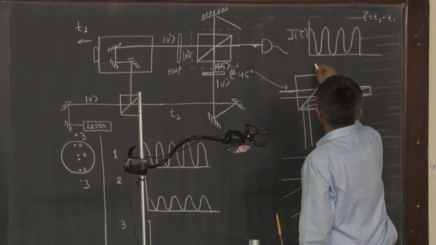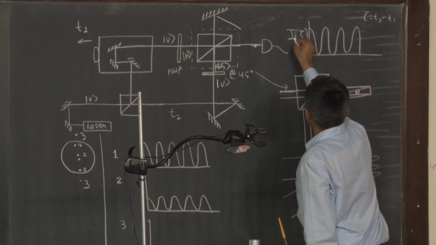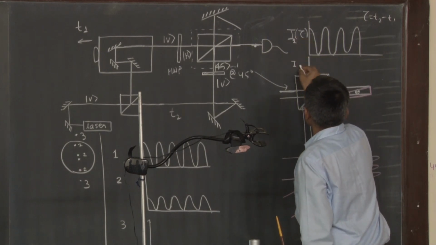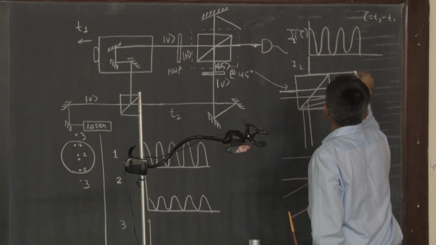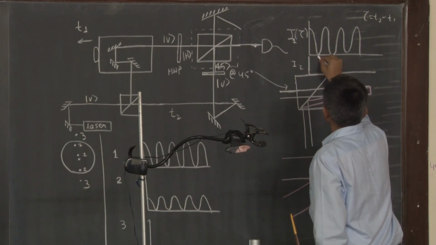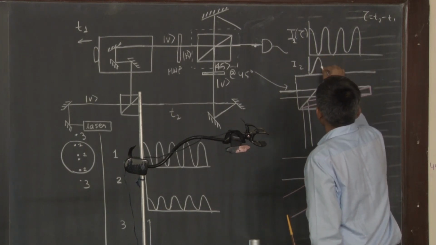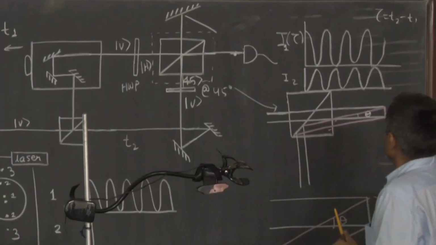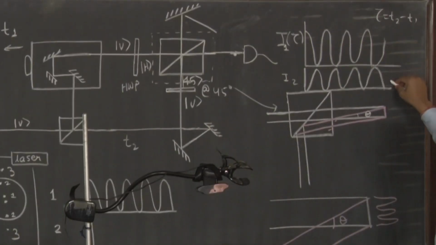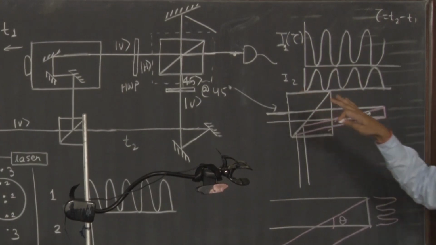So if I draw the other thing, this is I1, and then you have I2, and it will be something like this. So that if you add I1 plus I2, it has to equal the intensity of the laser.